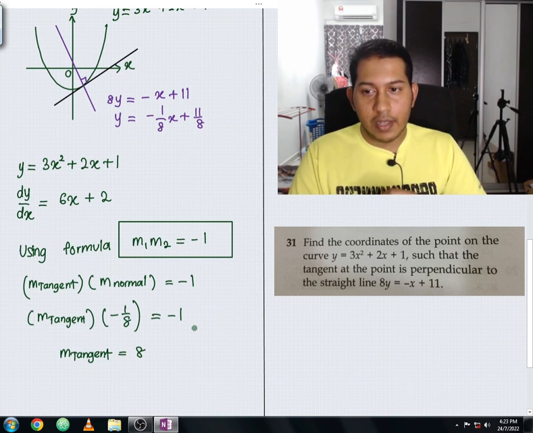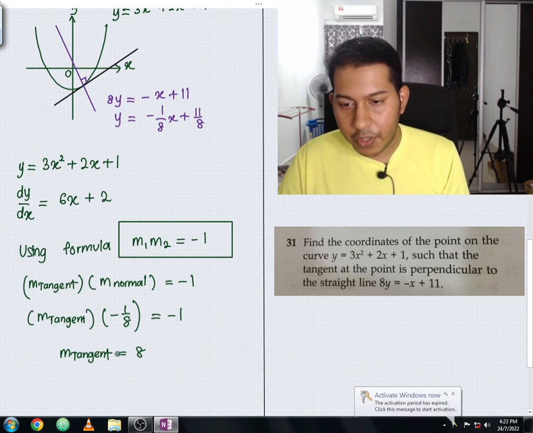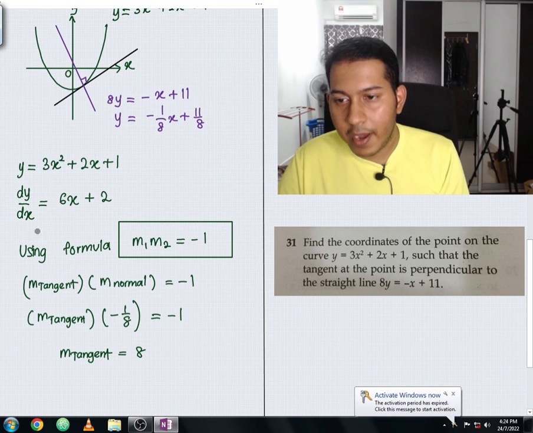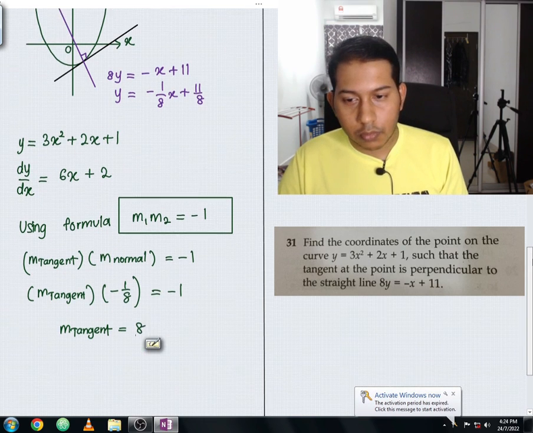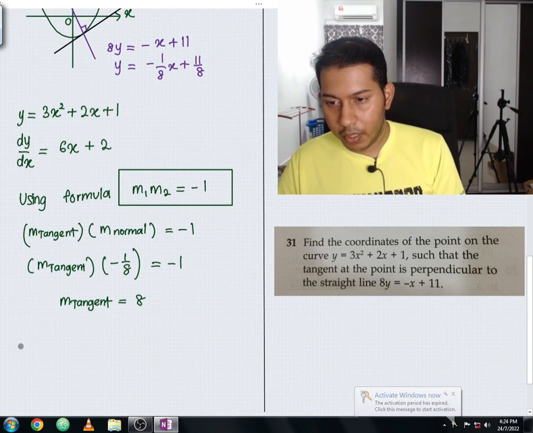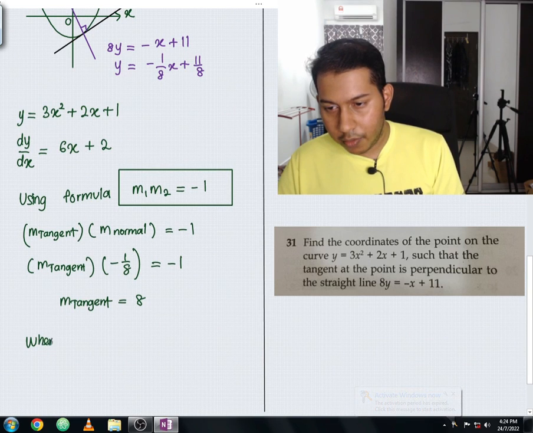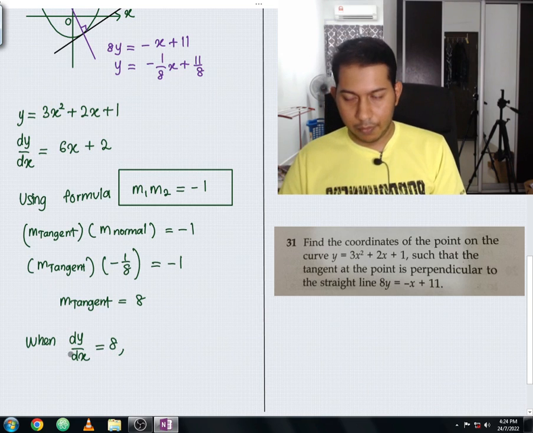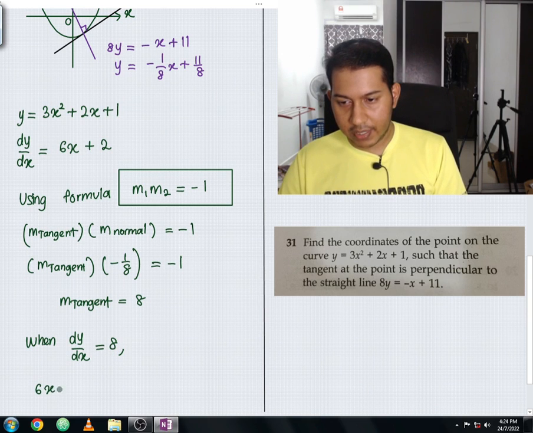Once you identify this, you substitute this 8 into dy over dx. So when dy over dx equals 8, from here 6x plus 2 is equal to 8.